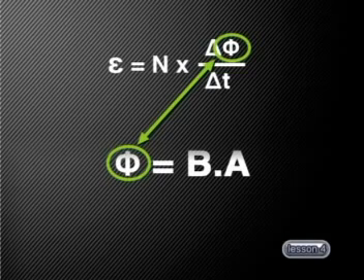Remember that the magnetic flux phi is equal to the product of the magnetic field B and the cross-sectional area A through which the field passes. This equation can be used to calculate the magnitude of the EMF induced in a coil.